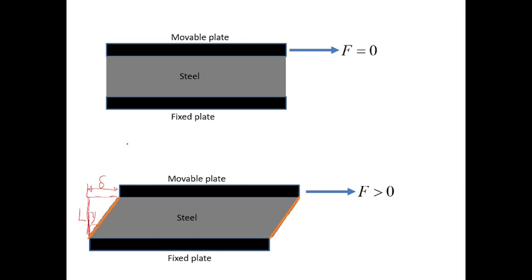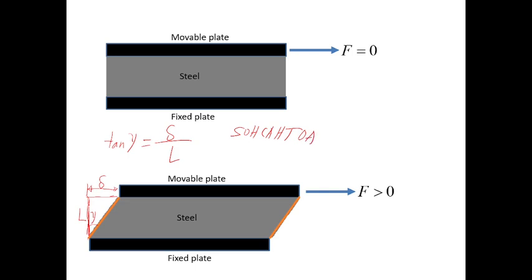Tangent gamma is simply equal to the opposite, delta, over L. We know SOHCAHTOA, right? Tangent is opposite over adjacent.